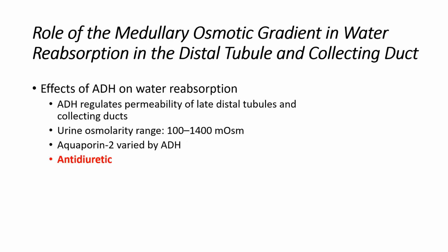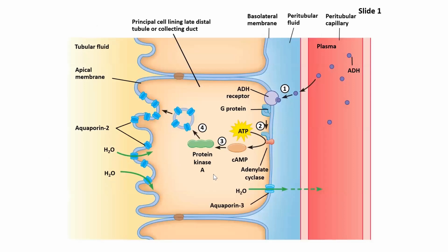It's preventing water loss, right? It's going to help us reabsorb more water, especially when the body's in a dehydrated state, blood pressure and blood volume are low, as a way to help maintain that blood volume by reabsorbing that water. Okay. All right. So let's talk about the mechanism by which that is accomplished.